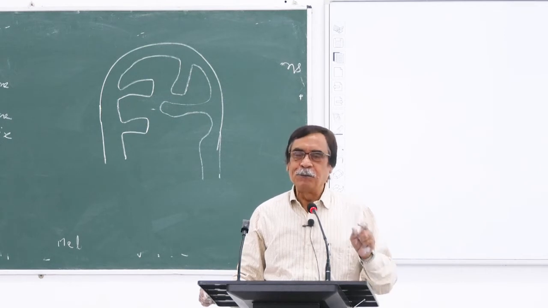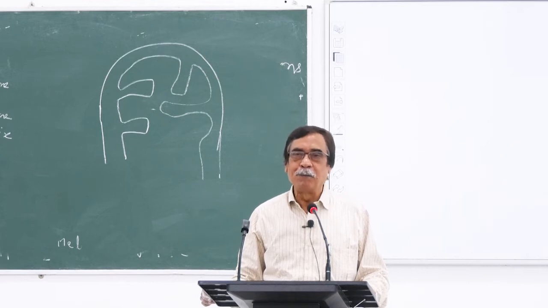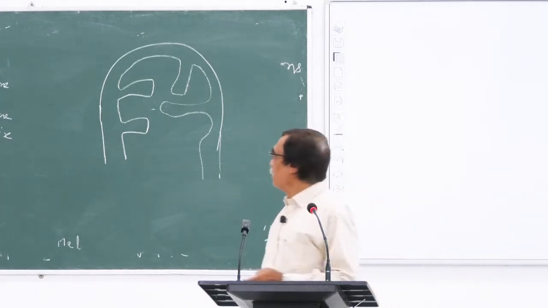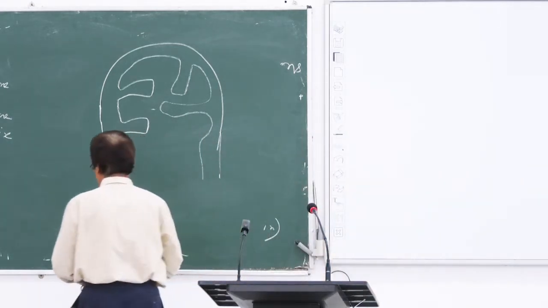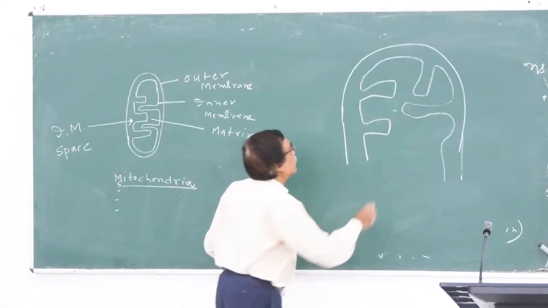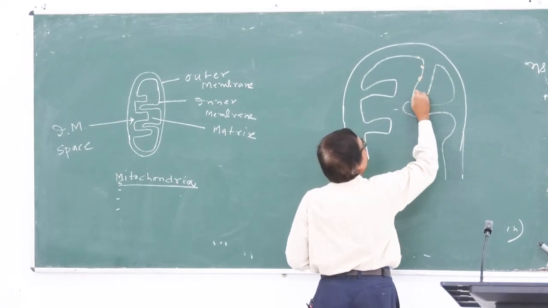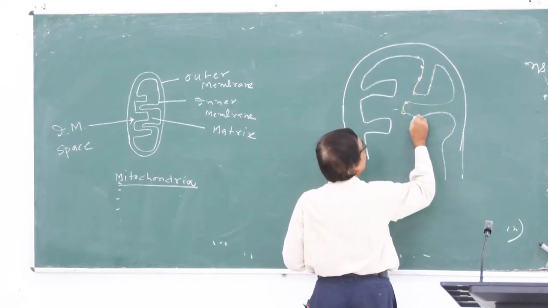In the electron microscope, the inner membrane is extensively folded to increase the surface area, to accommodate an enormous number of electron transport chains. How are they situated? This is the electron transport chain. This started portion is the electron transport chain.